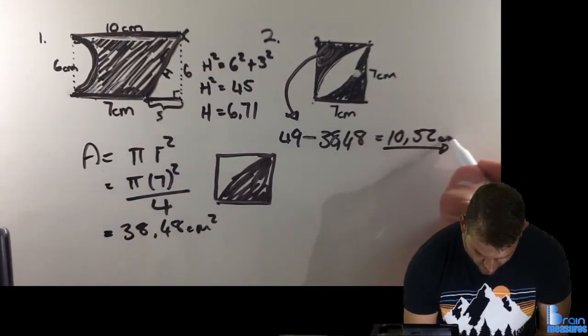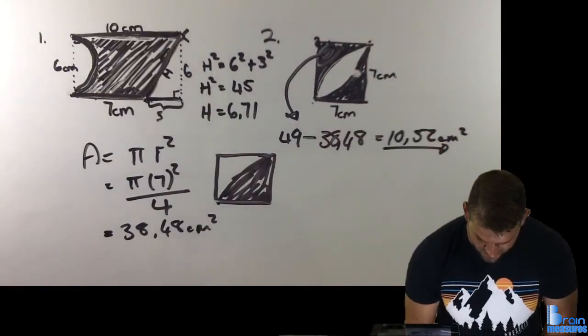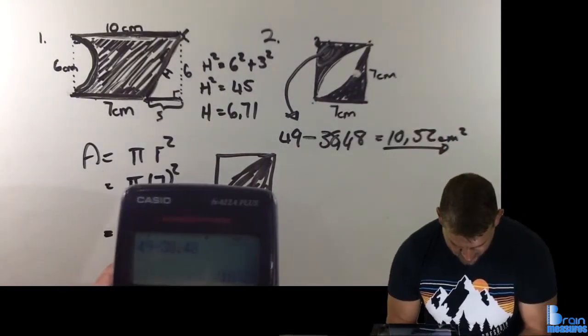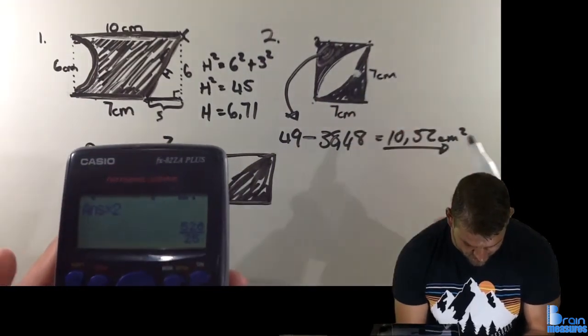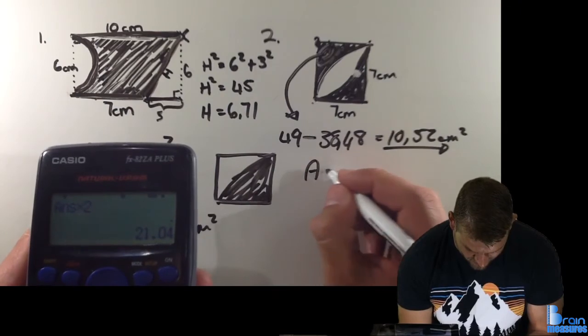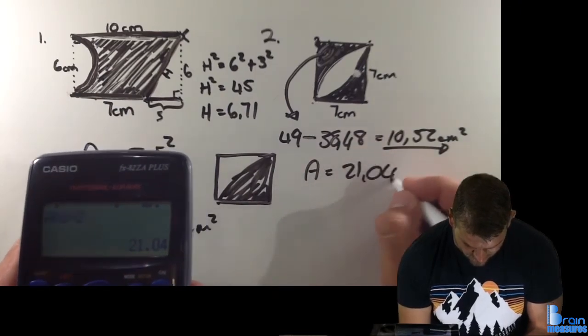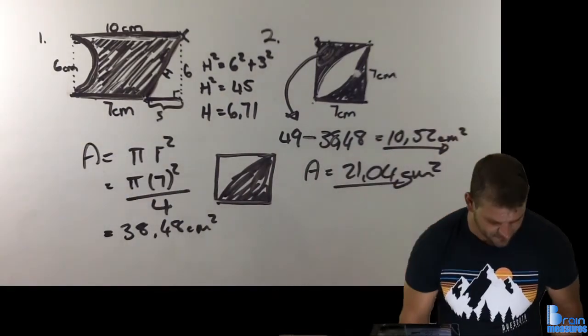Now that is the area of that little bit. Now if I times this by 2, I get the area of both of those, and so my final area answer is 21.04 centimeters squared.